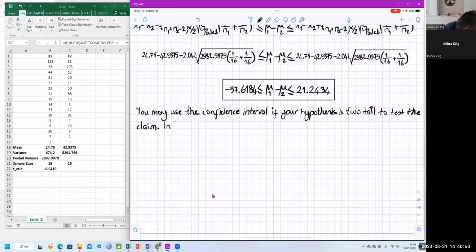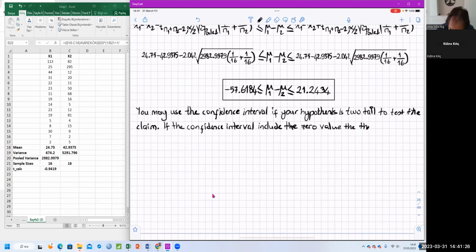In our example, if the confidence interval includes the zero value, then you will not reject the null hypothesis.